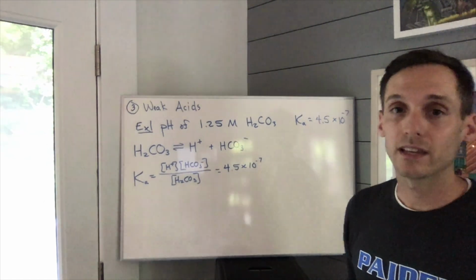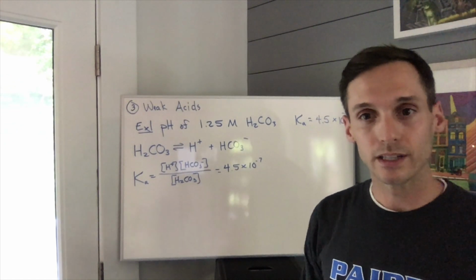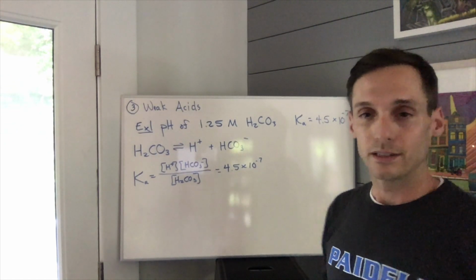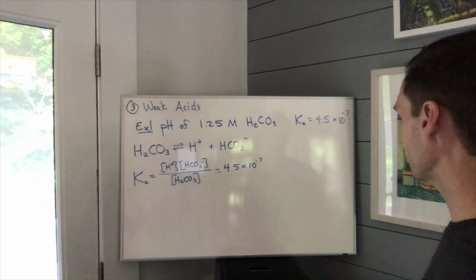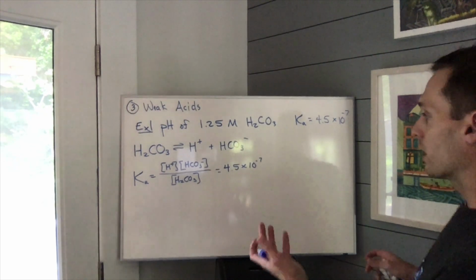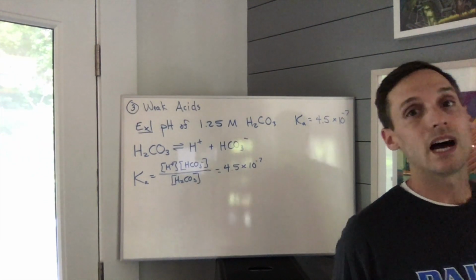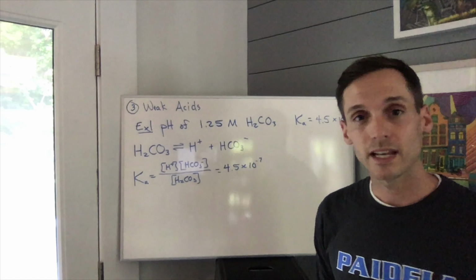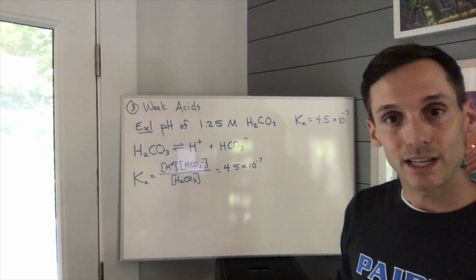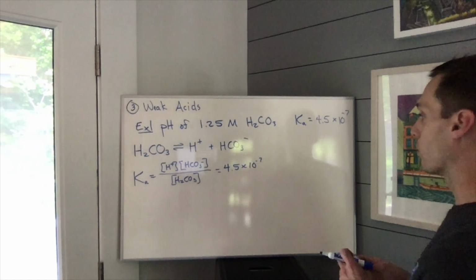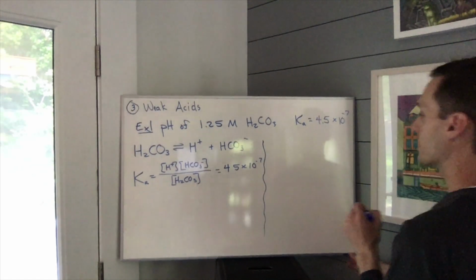Now, again, we have to think about it at equilibrium. So we're going to have to do a little math here to figure out what it's going to be, but I think it's pretty simple, okay? So what you're going to do is set up what we call an ice table. An ice table will help us get these molarities at equilibrium. In order to set up an ice table, I'm going to have to do it a little tiny over here.